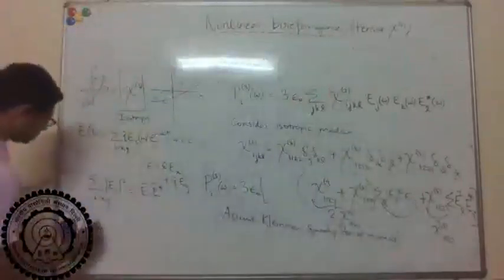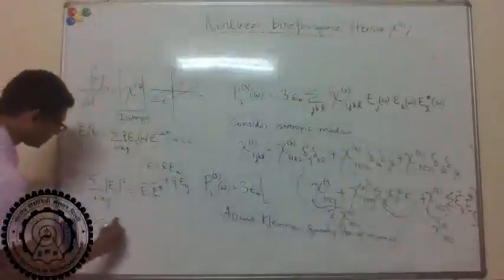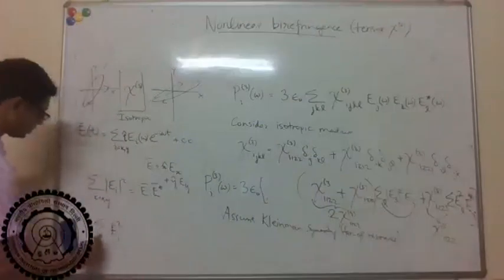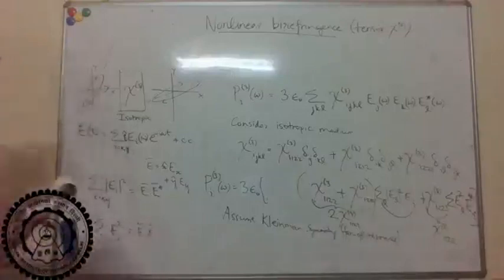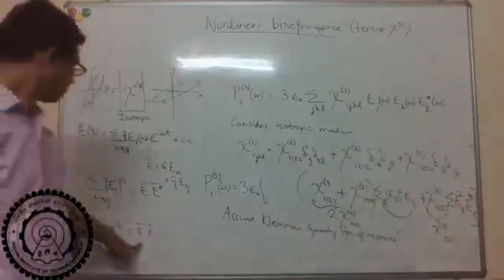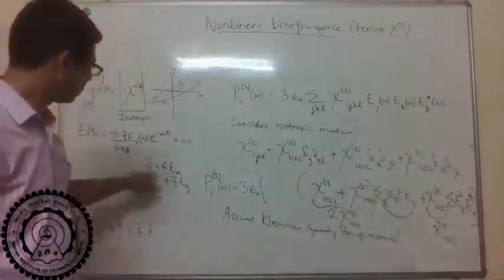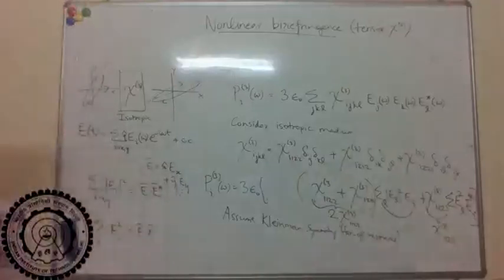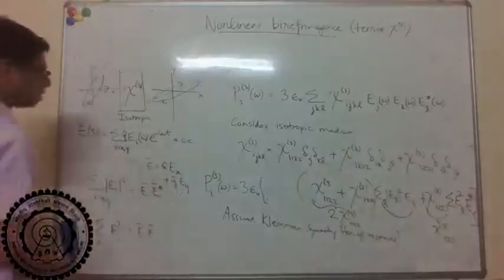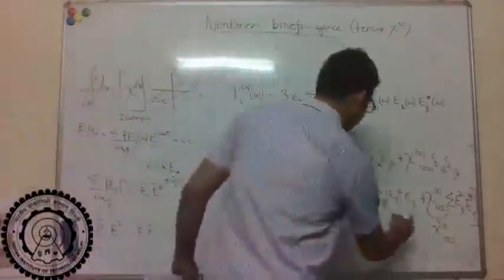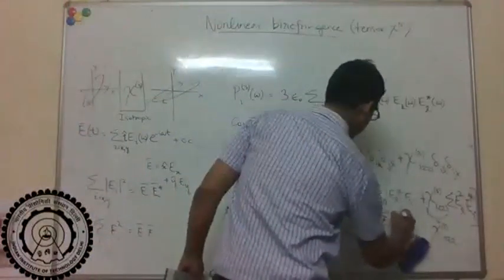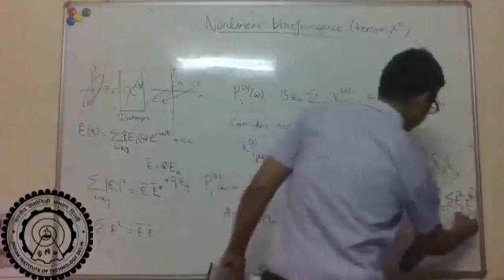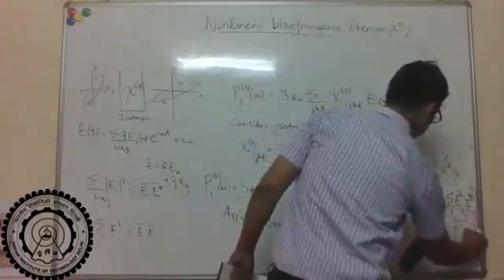And similarly the other one, summation over the index of E square, that is E dot E. Right, so this is Ex square plus Ey square, which is E dot E. So basically we write this as E dot E star, and we write this as E dot E.